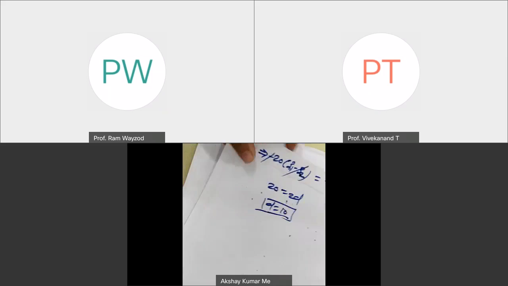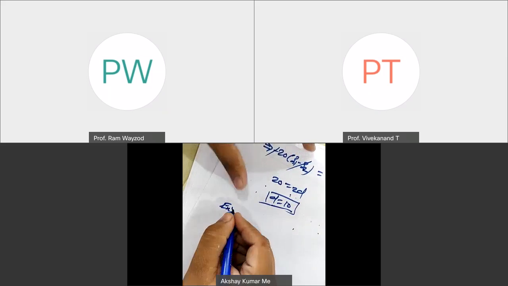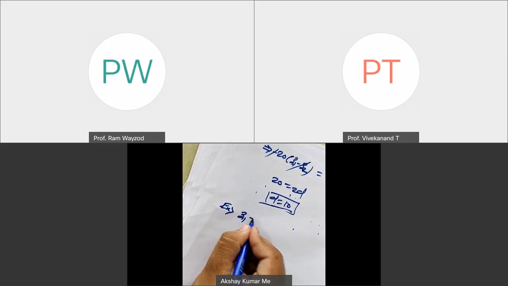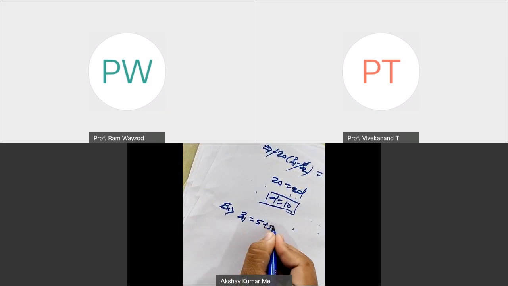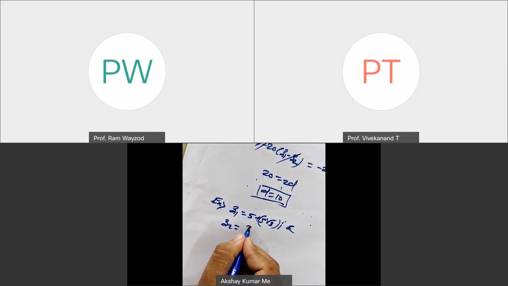Next, suppose for any two complex numbers Z1 is equal to 5 plus 5 root 3i and Z2 is equal to 2 upon root 3 plus 2i.